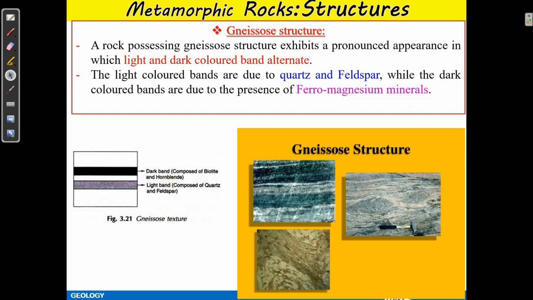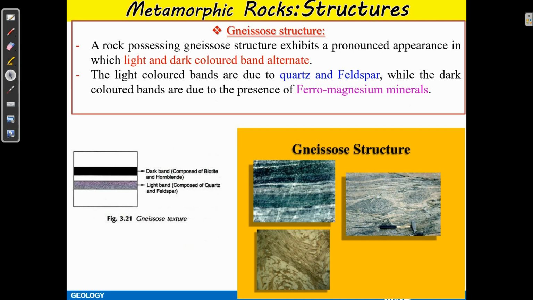This is also very important. It's called the gneissic structure. So how does it look? There are two bands, a light band and a dark band, and this is very visible. You will see alternate light and dark bands.